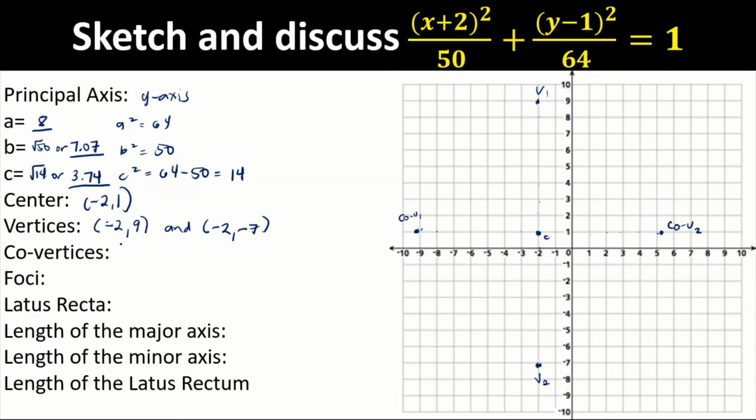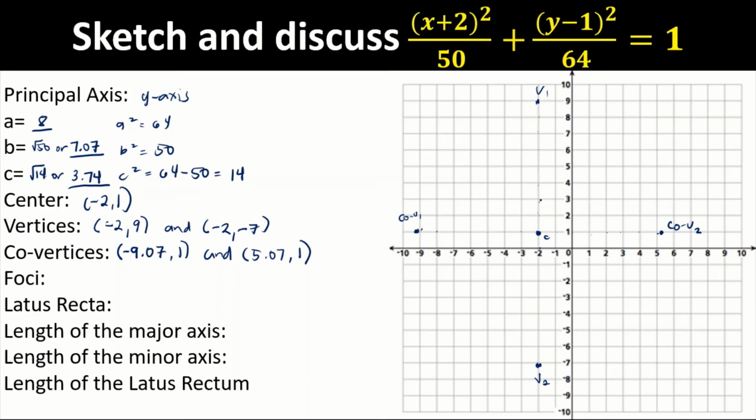Ang coordinates natin for the co-vertices, we have negative 9.07, 1, and the other one is 5.07, 1.